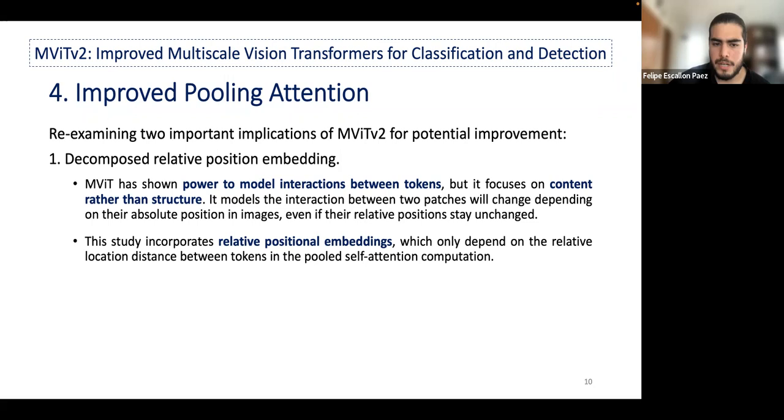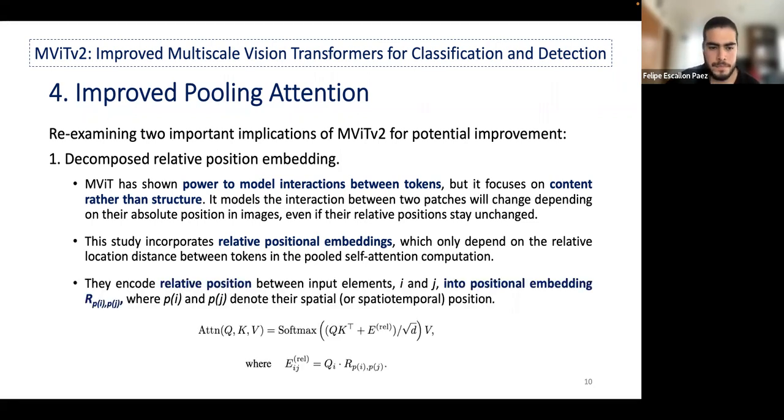So this study incorporates relative positional embeddings so that the understanding of the context is much higher.